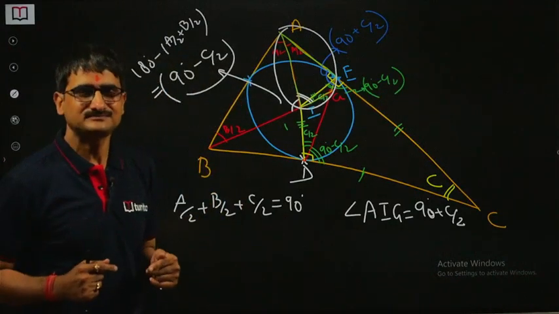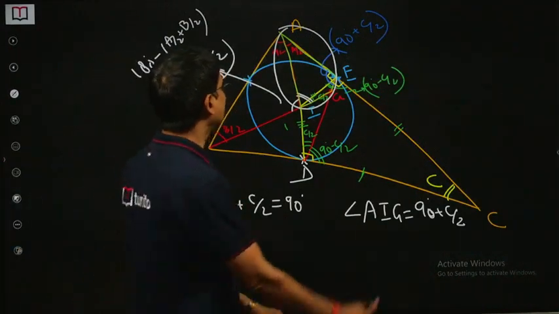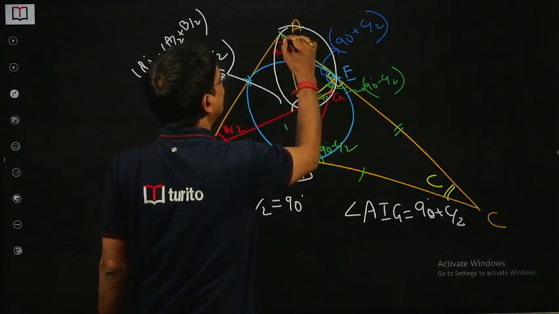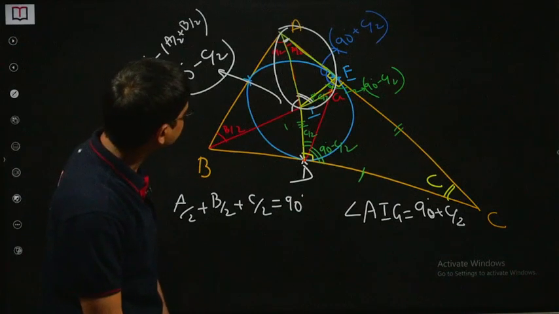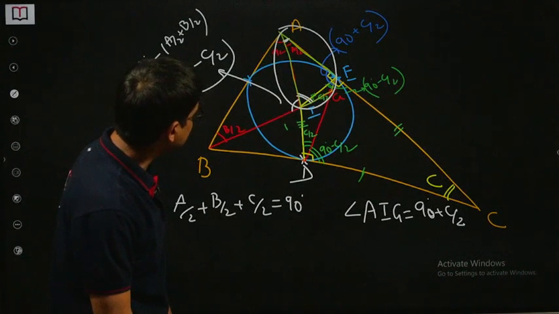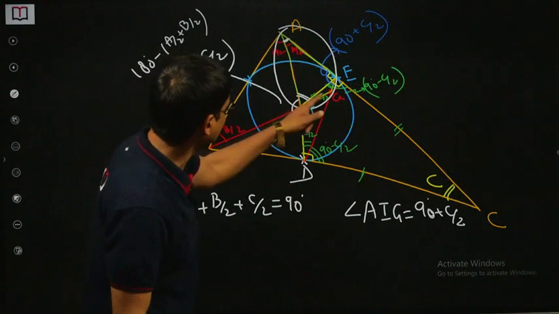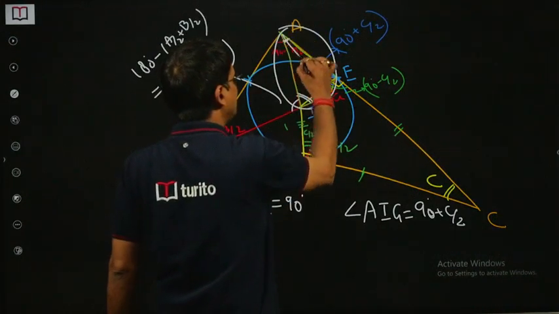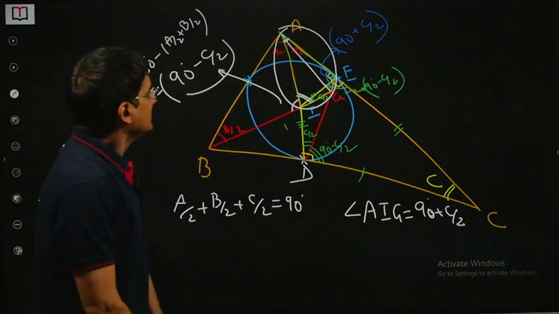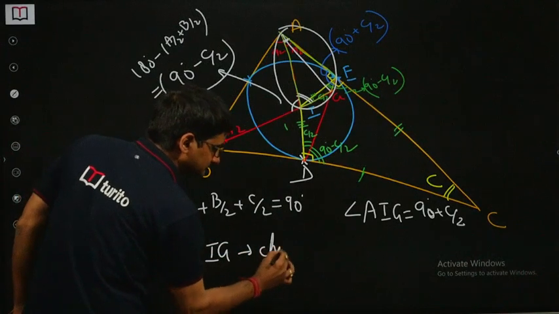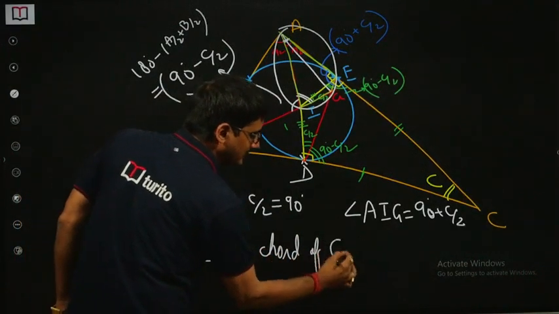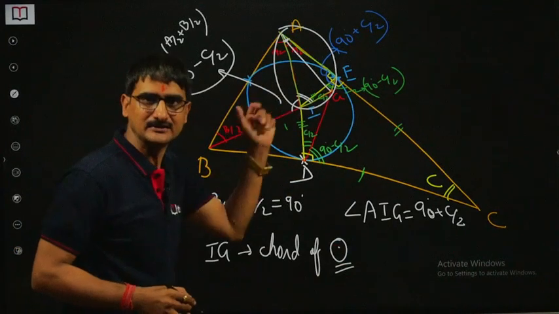We need AG and BG. So I have to draw AG. Right. Now consider IG to be a chord of the circle that I drew here, this white circle.